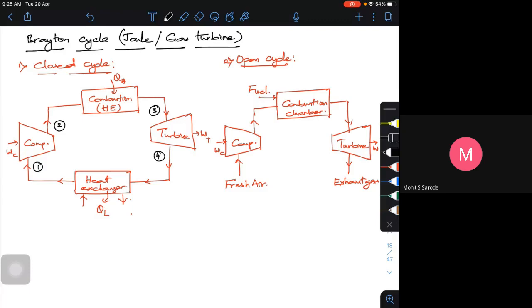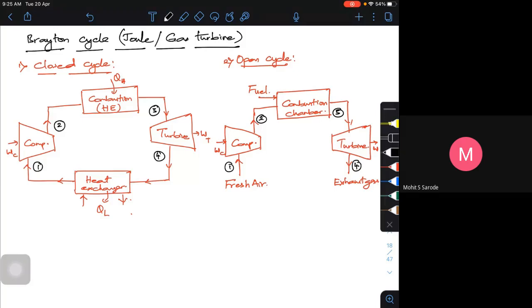Here also it is 1 to 2 compression, 2 to 3 combustion or heat addition, then 3 to 4 expansion, and 4 to 1 I'm going to leave it to the atmosphere.